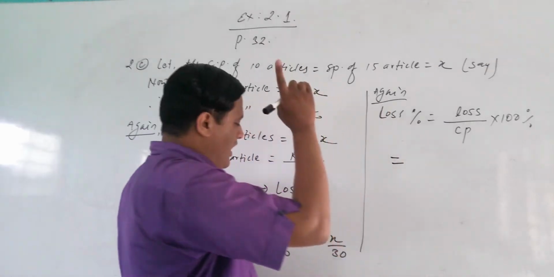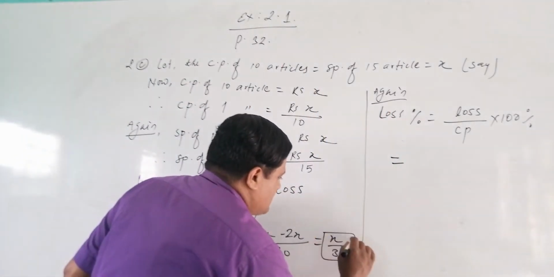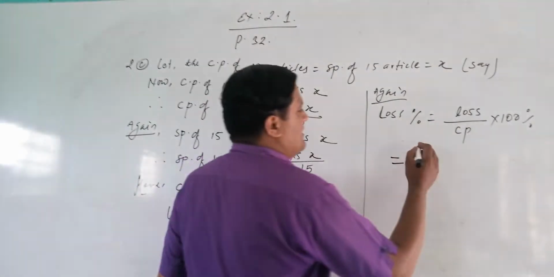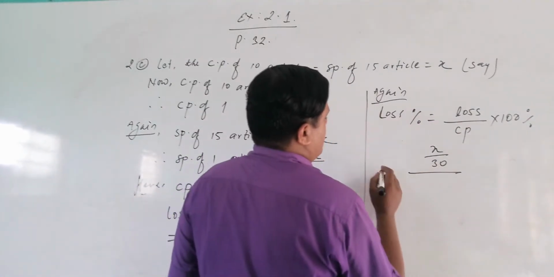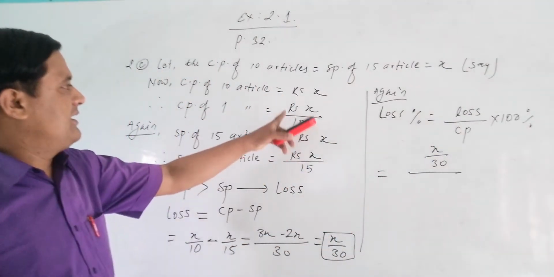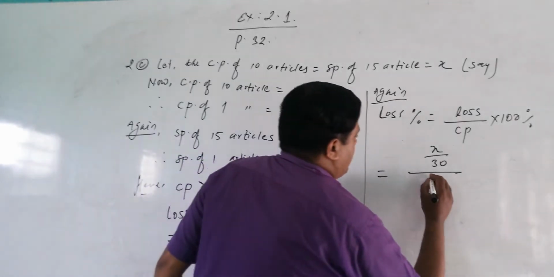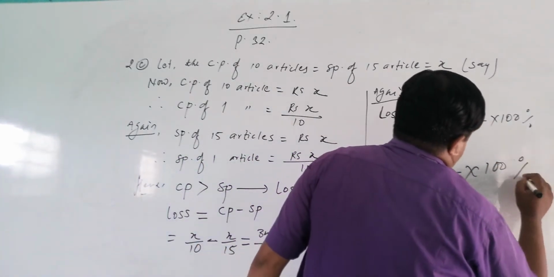We already got the loss, x by 30, and the CP is x by 10. So x by 30 upon x by 10 into 100%.